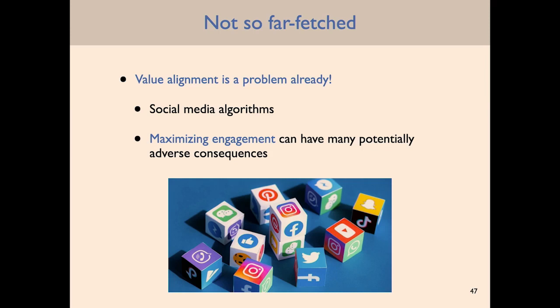But there's some baked-in objective, some cost function or reward function that the algorithm is using to prioritize what to show you and what to popularize, and it has some correlation with engagement. If it had no correlation with engagement, these companies would not necessarily make a profit. But whatever the actual objective is that they're maximizing can have pretty adverse consequences, as we've seen over the last few years.